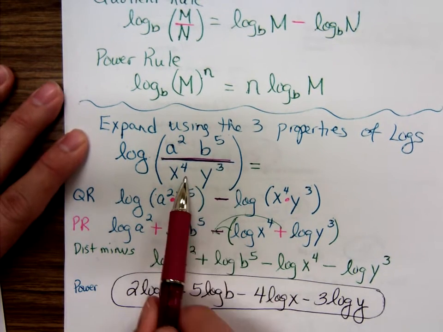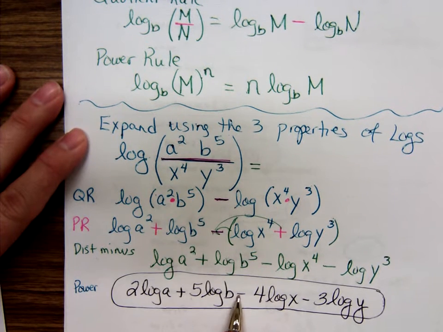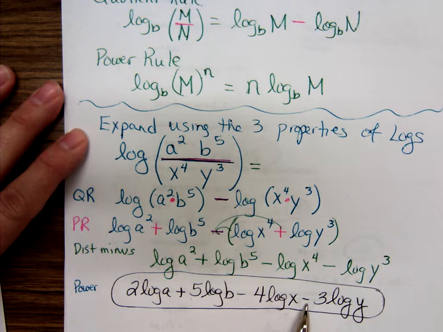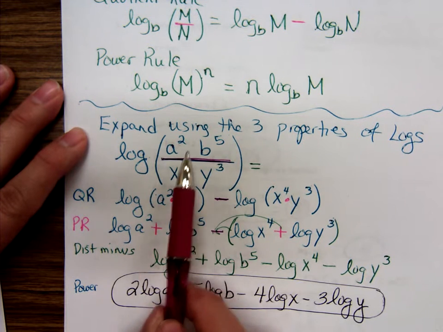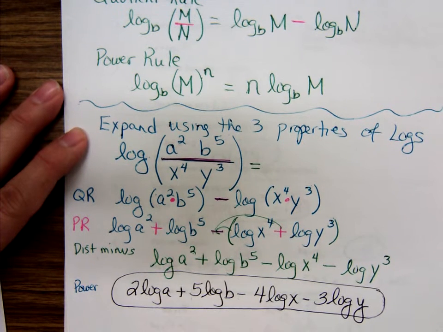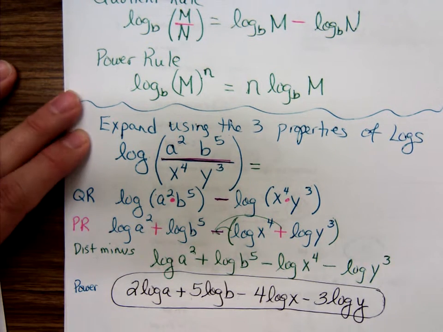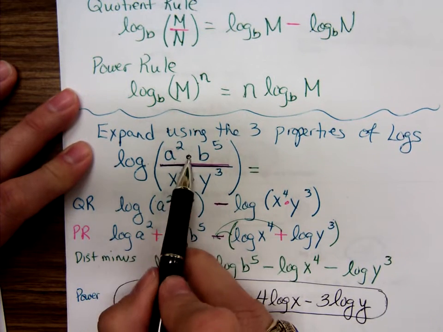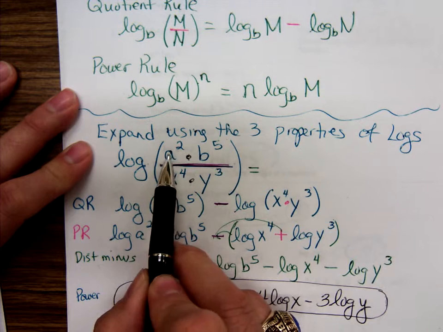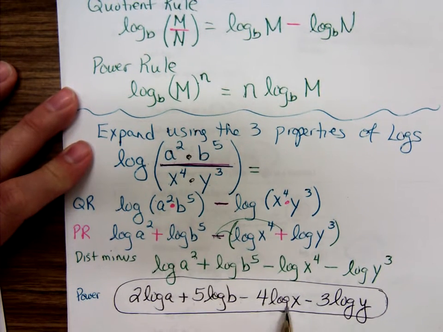The stuff that's in the bottom has a minus in front of it. The stuff on top has a plus in front of it. And you're separating it wherever there's multiplication and division. So to go from here to here, you're separating multiplication and division: 1, 2, 3, 4. So there are 4 different logarithms.